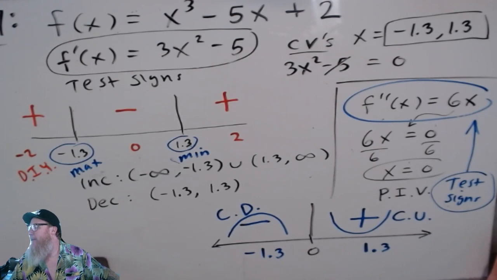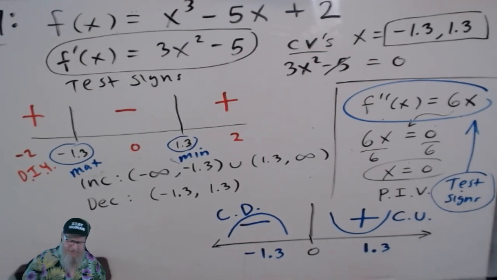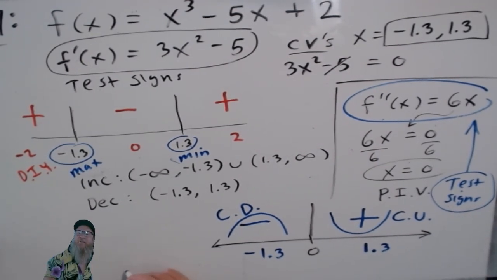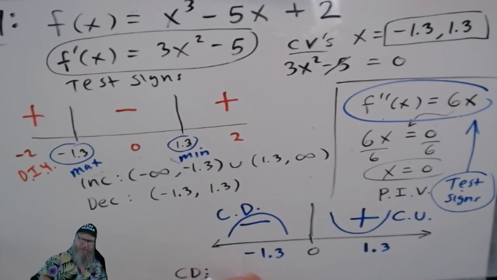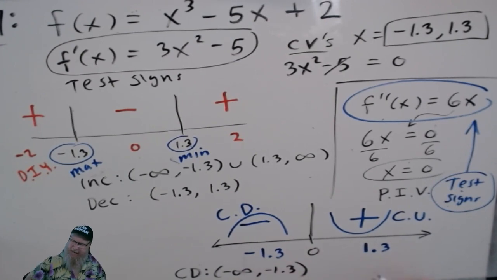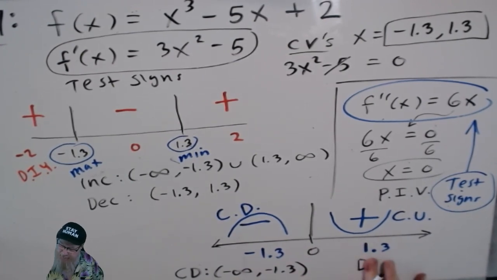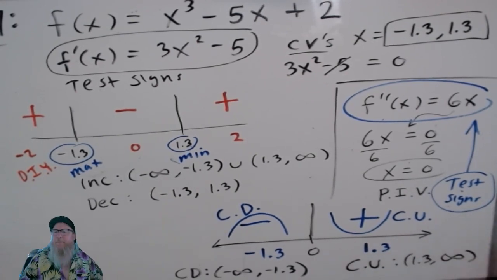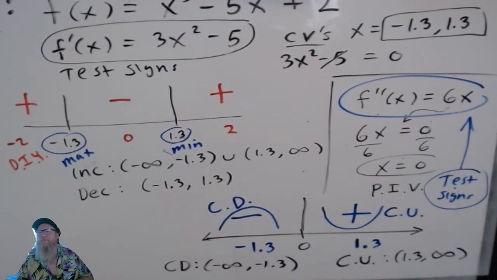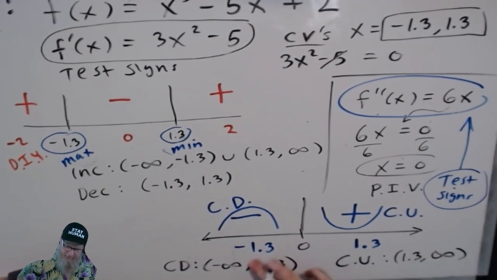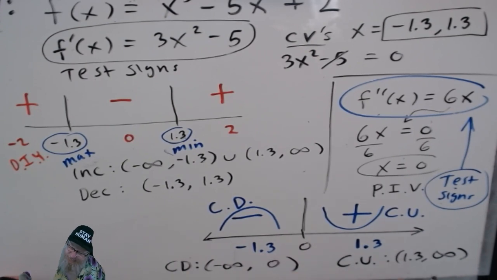All right. So it's going to be concave down, negative infinity to negative 1.3, concave up, 1.3 to infinity. Oh, sorry. Not 1.3.